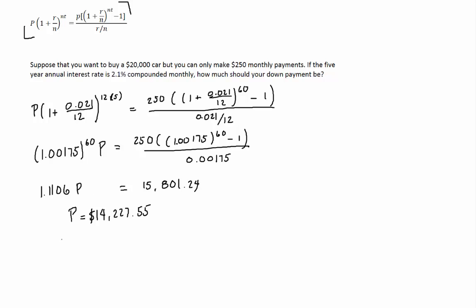So if I want to buy a $20,000 car, my down payment would be the 20,000 minus those 14,227, which gives us $5,772.45.